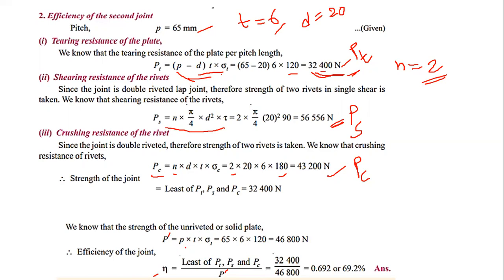This is the formula for strength of the unriveted or solid plate, P into t into sigma T. So this is the value of strength of the unriveted plate, that is 46,800. Here the efficiency is 69.2%. 0.692 into 100 equals 69.2%. This is the answer for the second case.